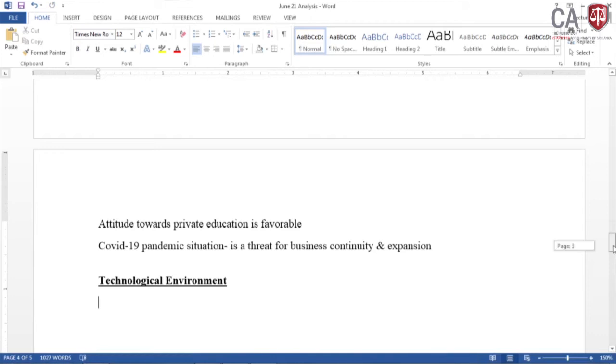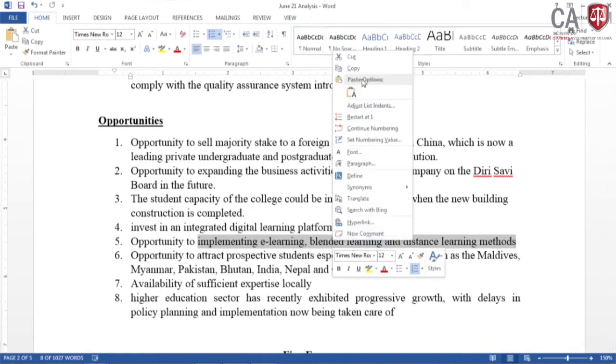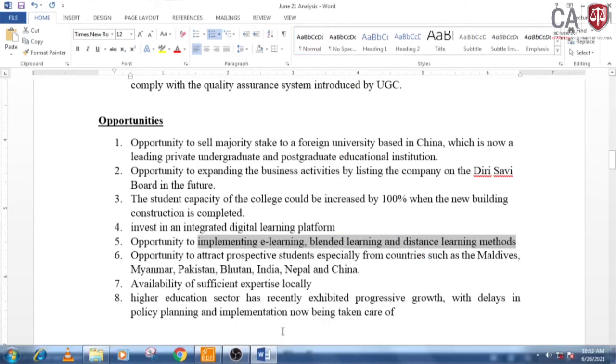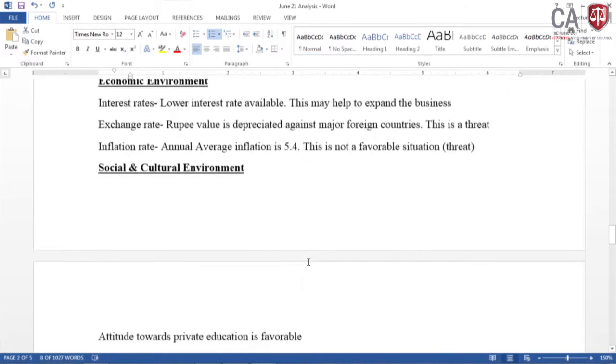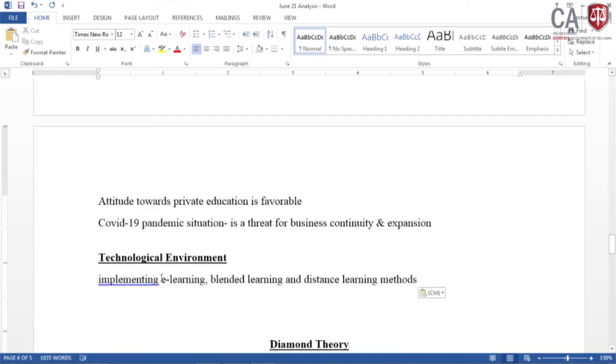Actually, on the opportunities we have identified some points. This one, e-learning, is one area you can focus on.